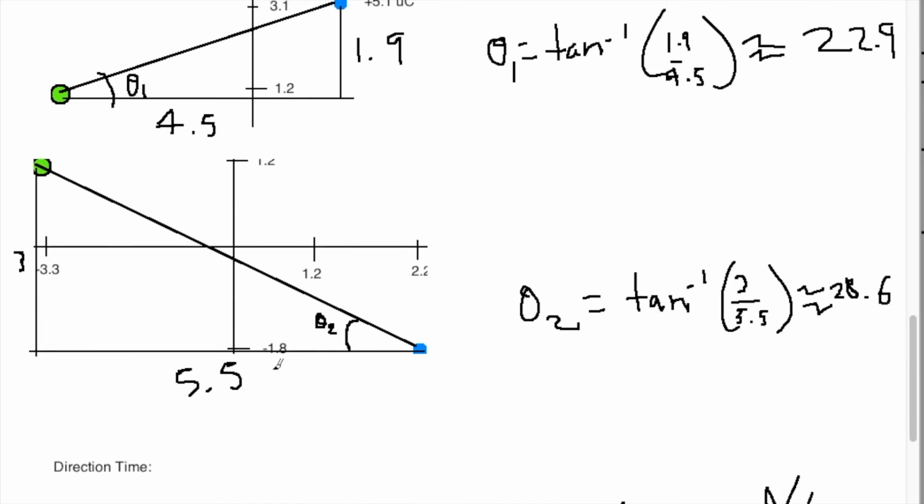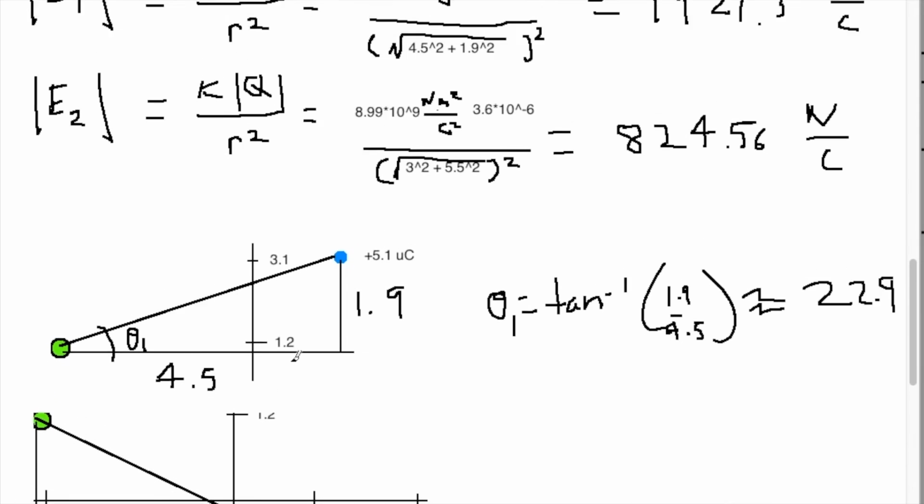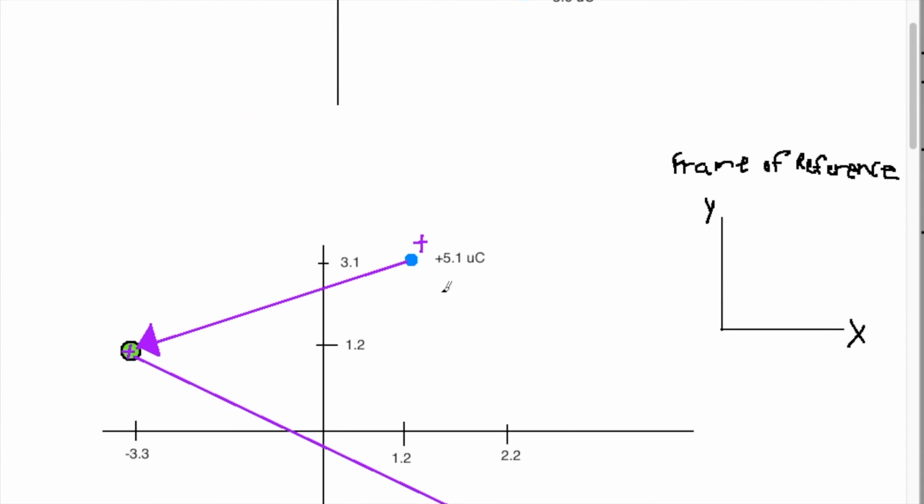So direction time. Let's look at this guy, number 1. E1 is going in the minus y direction, and it's going in the minus x direction. That's just the direction it's going. And how did I get these directions? Well, I took into account the fact that it's a plus charge.